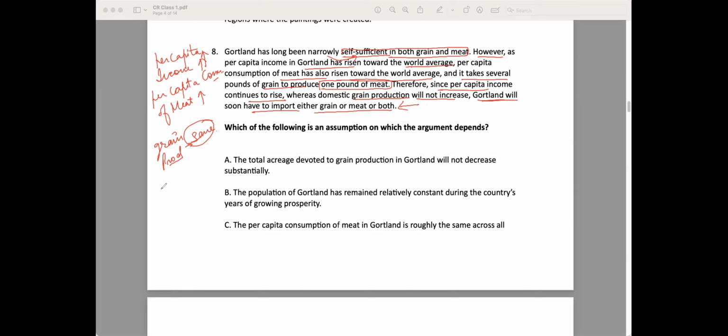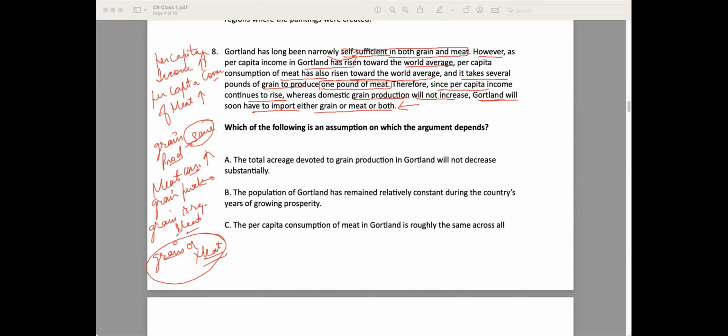Okay, so it's like meat consumption is increasing, but grain production is not increasing, is flat. And grain is required to produce meat. Therefore, either we'll have to get grain or meat from outside. We'll have to import. That is the conclusion.